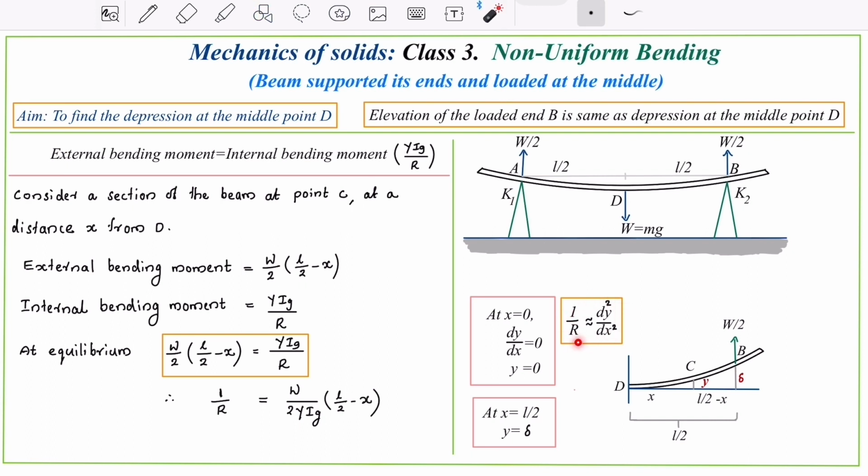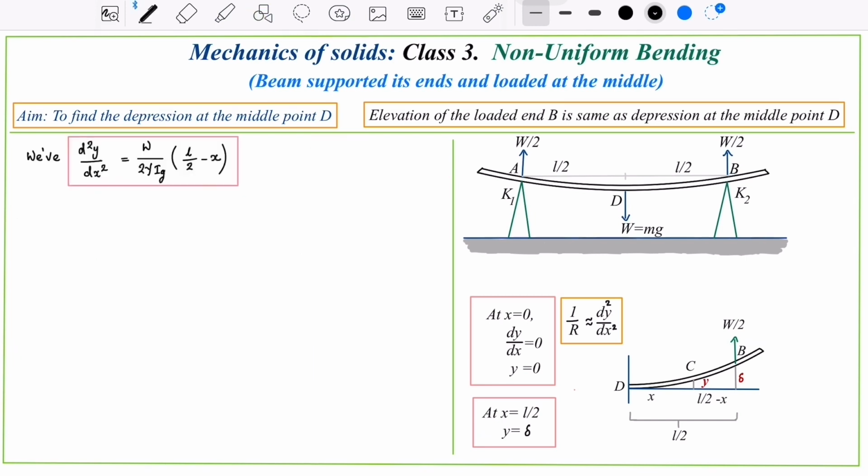Now 1 by R is approximately equal to d square y by dx square, where R is the radius of curvature. Now substitute for 1 by R: d square y by dx square is equal to W divided by 2YIg into L by 2 minus x.